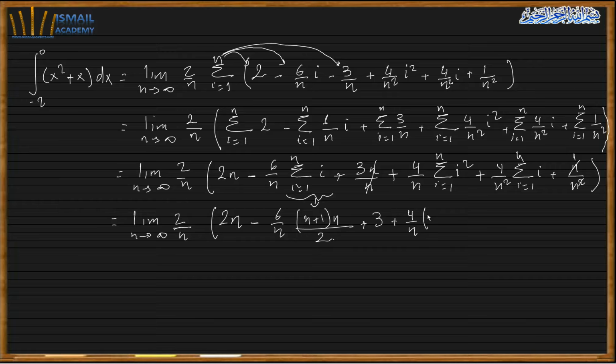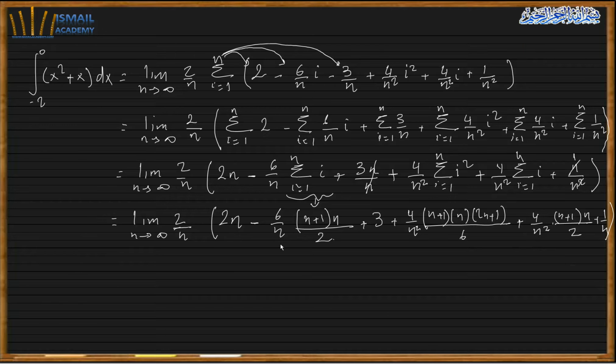So it's going to be (n plus 1) times n times (2n plus 1) over 6. Oh, this is 4 squared. Alright, and here it's going to be 4n squared, and here is going to be the formula, which is (n plus 1) times n over 2, plus 1 over n.